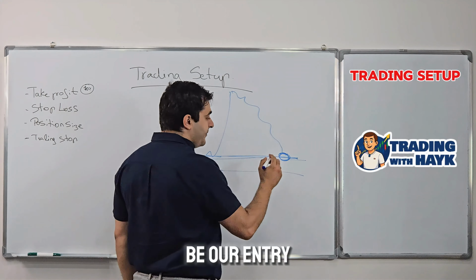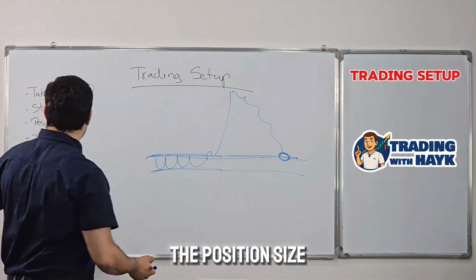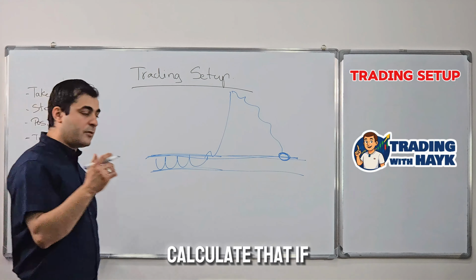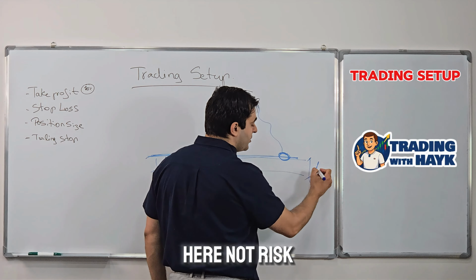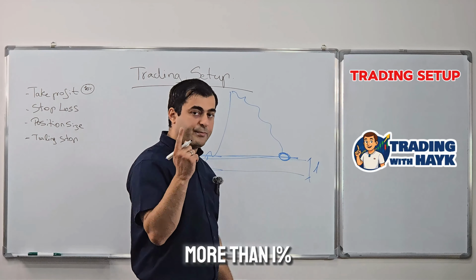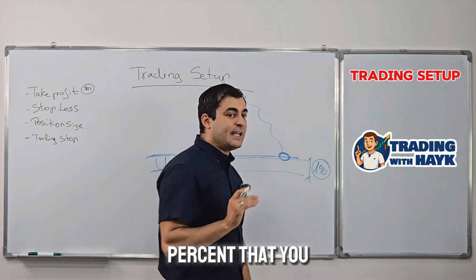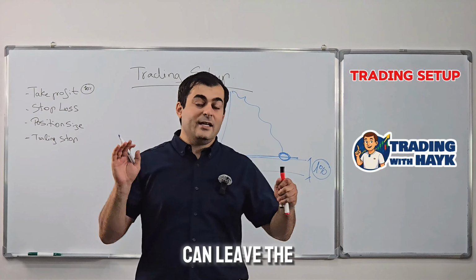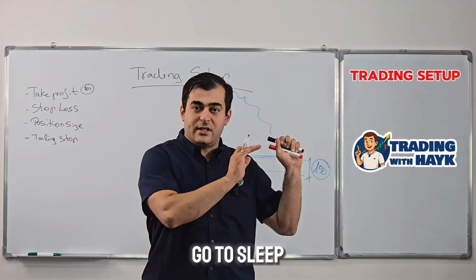Here is going to be our entry level for the long position, and the position size we have to calculate so that, for example, from here to here, we do not risk more than 1%. Remember, 1% is the percent at which you can leave the position open and go to sleep.